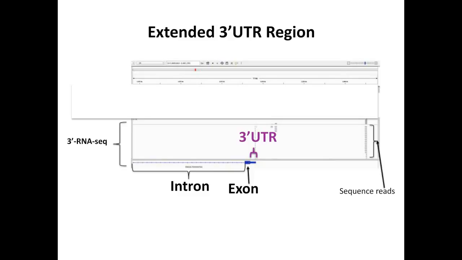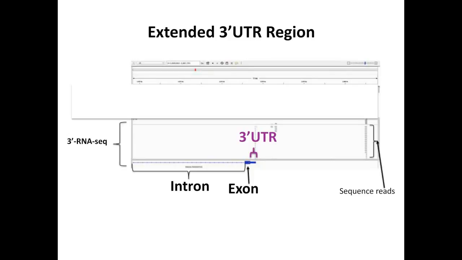So this is the gene model in the current gene annotation file, showing that the gene model ends at this point here. But when we mapped our 3' RNA-seq data, this track shows the 3' RNA-seq data, and these are our sequence reads from 3' RNA-seq.